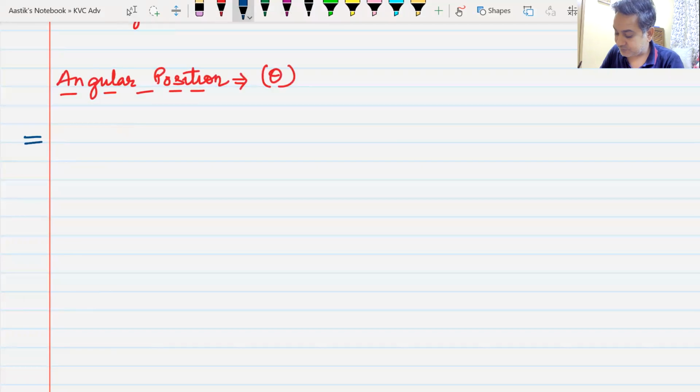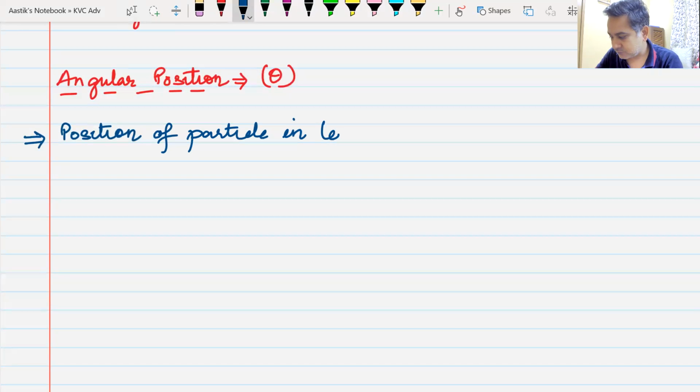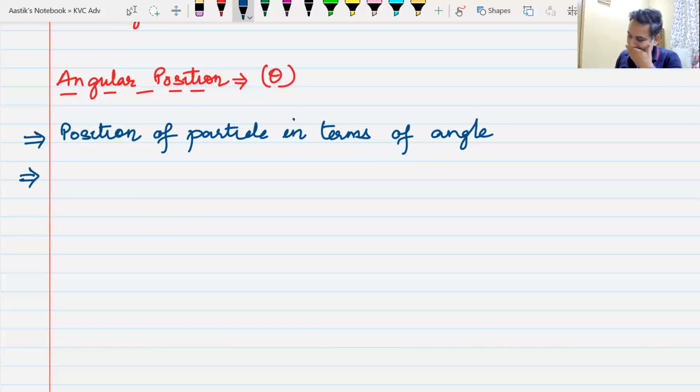What does this angular position give us? It gives us the position of the particle in terms of angle. The SI unit is radians because it's an angle.